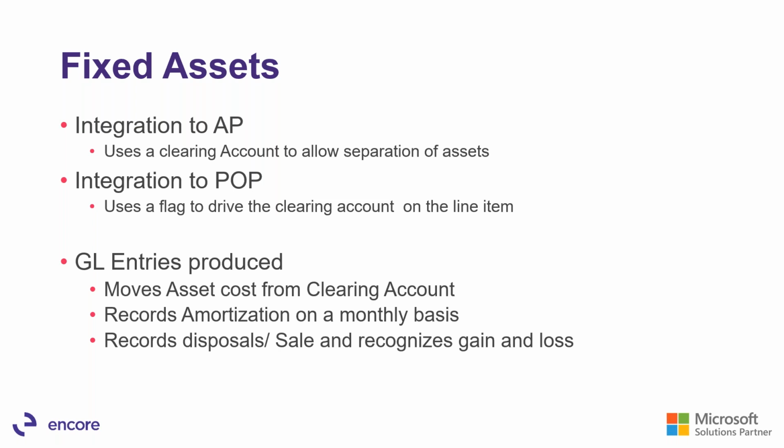When I get rid of that asset off my list, it will reverse out the cost, reverse out the accumulated depreciation, and take whatever cash value you got for it if you sold it, or zero if you threw it out. It would then recognize a gain and loss on foreign exchange, and gain and loss on the fixed assets.